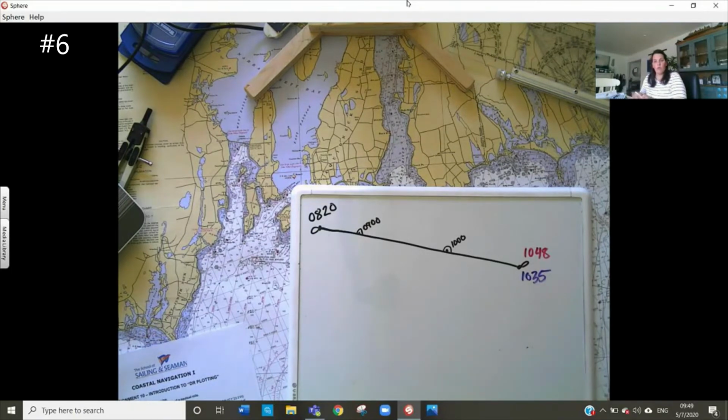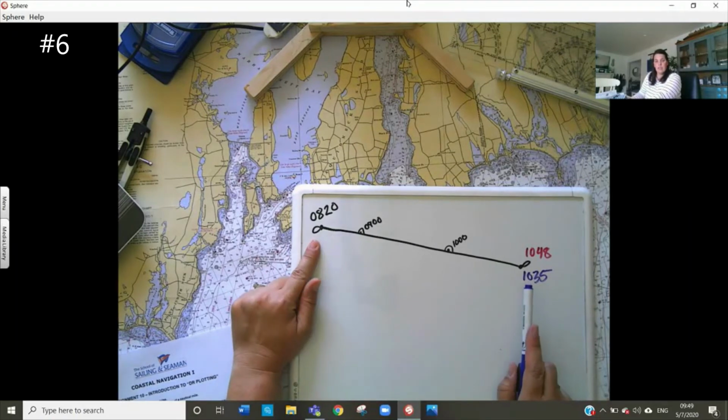So, from looking at this, I can see that we made better time, that we got there quicker than expected. So I can see that we made some good speed, more than 6.5. But we want to know what our speed made good was. So on average, from point A to point B, what was our speed made good? We thought it was 6.5, but we got there a lot sooner.